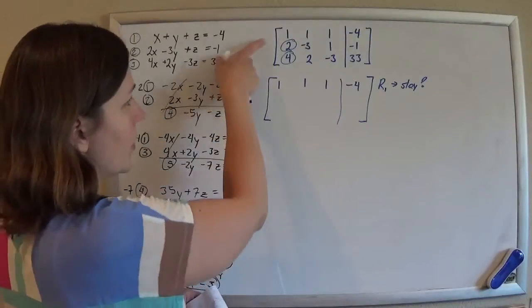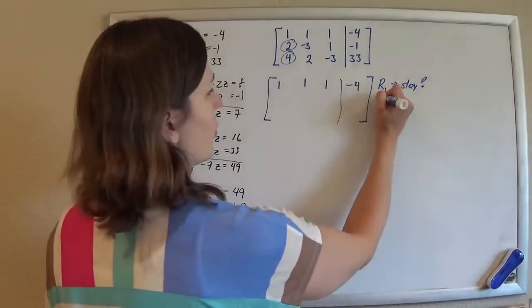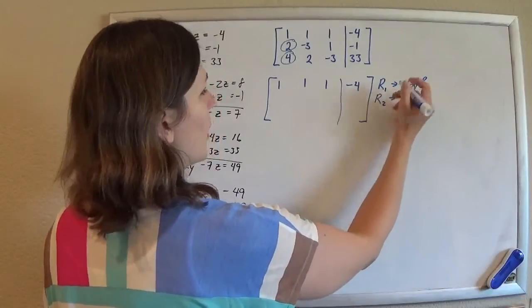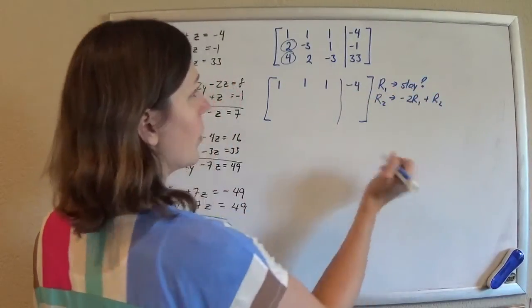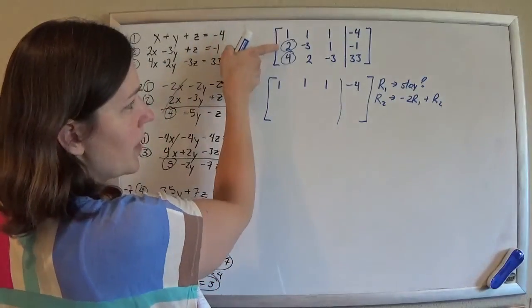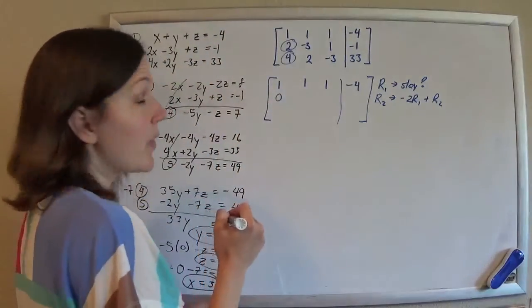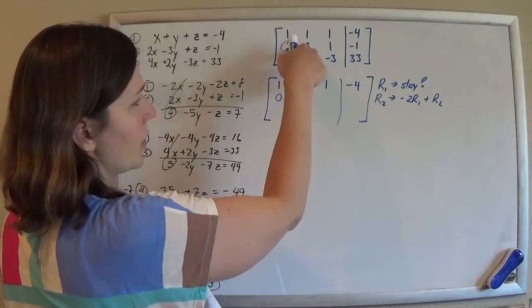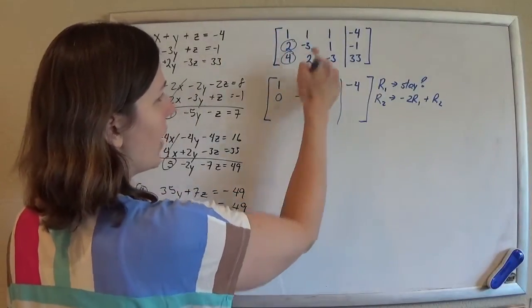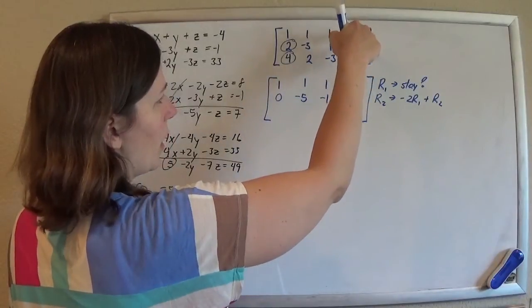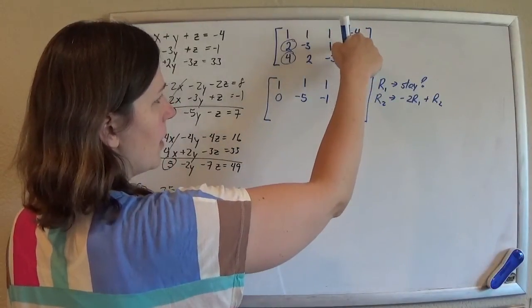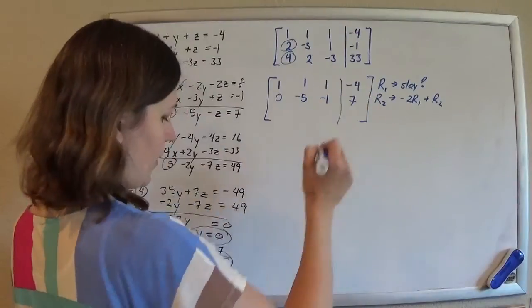So I'm going to make my new row 2: -2 times row 1 plus row 2. So -2 plus 2 is 0, but I want the x, right? Then -2 minus 3 is -5, -2 plus 1 is -1, 8 minus 1 is 7.